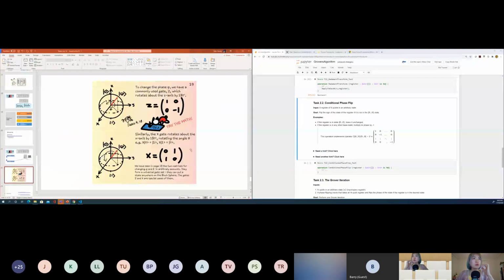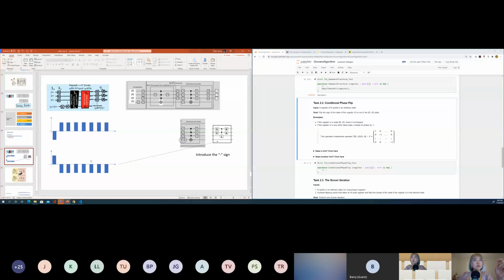Remember, in our single qubit gates, we have seen the X. What X does is flip from 0 to 1, 1 to 0. But we also have this Z gate. It intrinsically introduces a minus sign, rotating around the Z axis, so you're giving your second element this negative sign.